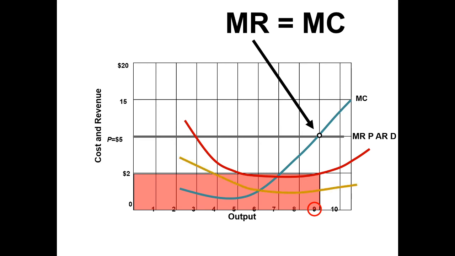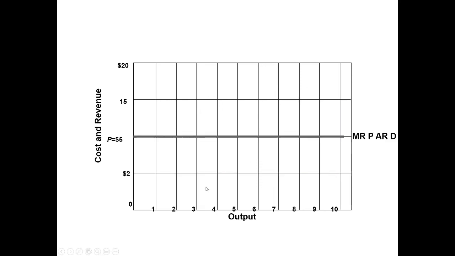There's my average variable cost. So there's my total cost. Part of that total cost is the gap between the two, which is fixed. And then the other part, which is variable, we take the variable and the fixed and we get total cost. That's this area here. All right?